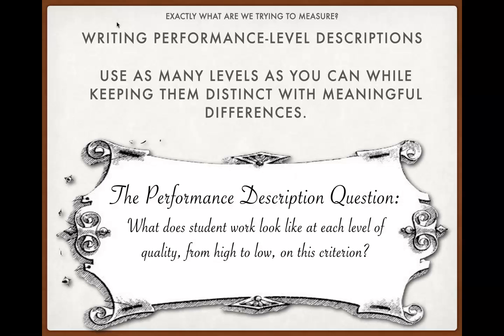Here is the performance description question that you want to ask yourself each time. What does student work look like? Again, what can I observe in their work at each level of quality from high to low within a particular criterion that you are writing these descriptors for? That's the big question here as you begin writing these.